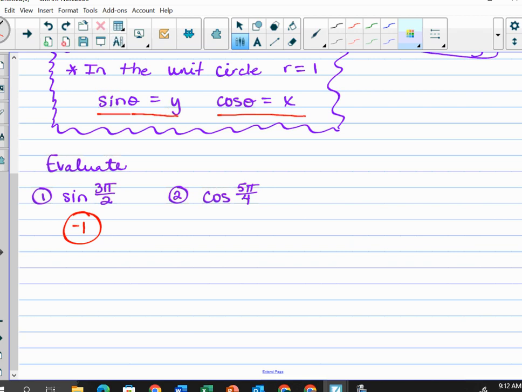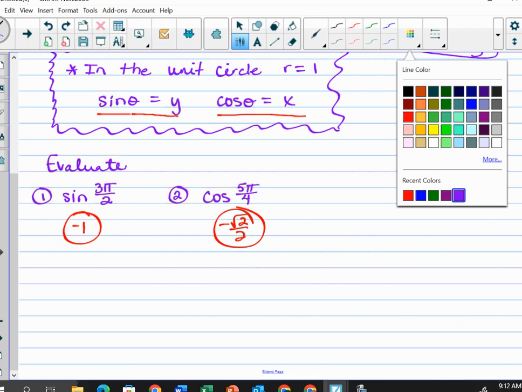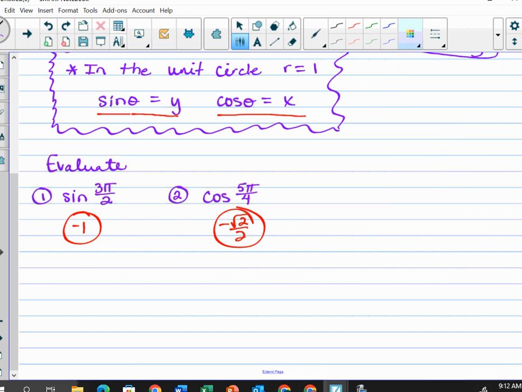Negative root 2 over 2, yeah. Do you guys see how knowing the circle is going to be pretty important for doing this? Okay, let's do a couple more easy ones and then we'll add a little bit more.